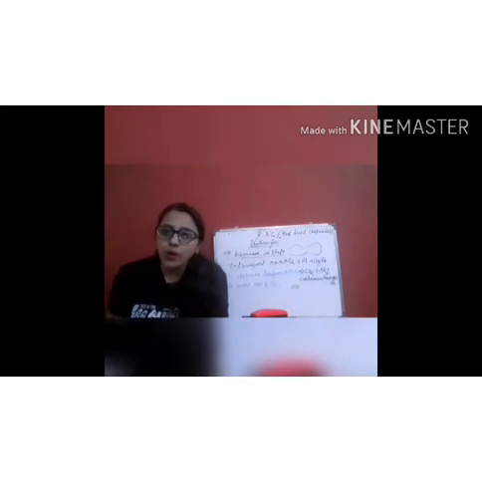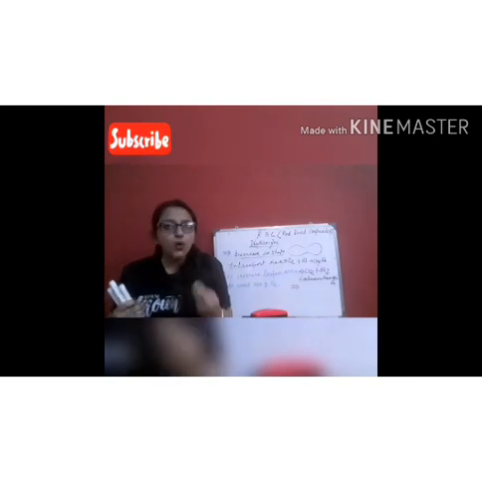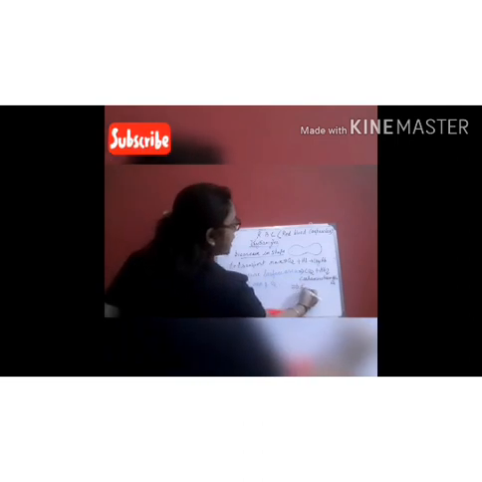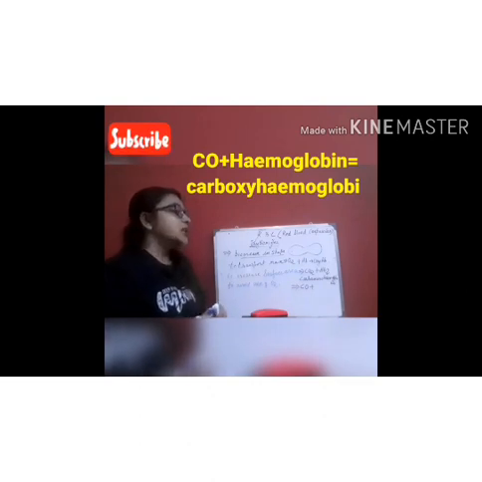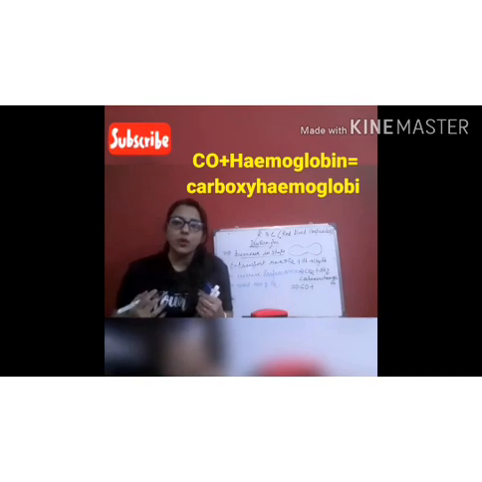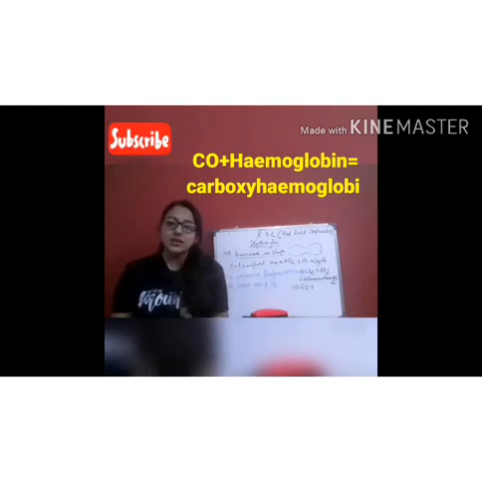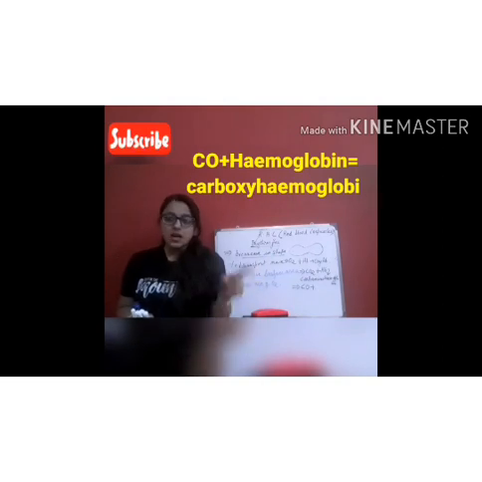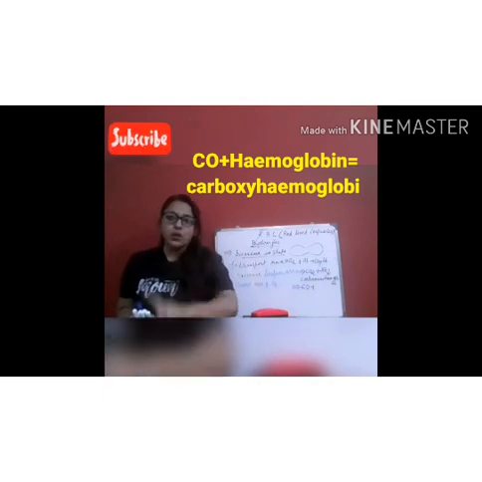Now suppose you are in a room where the quantity of carbon monoxide, you all know carbon monoxide is a poisonous gas, symbolized as CO, is more than oxygen and carbon dioxide. In this condition, what happens? Your hemoglobin will combine with carbon monoxide first, because hemoglobin has an affinity to combine with carbon monoxide more than oxygen.